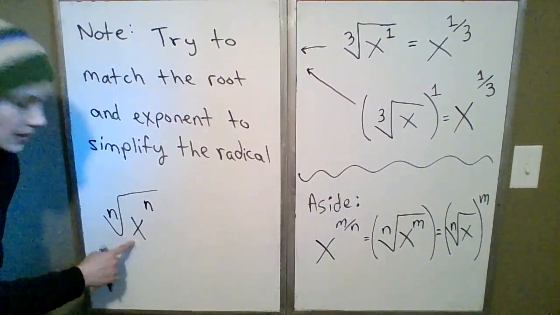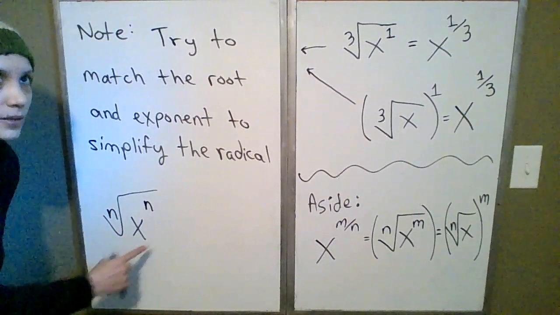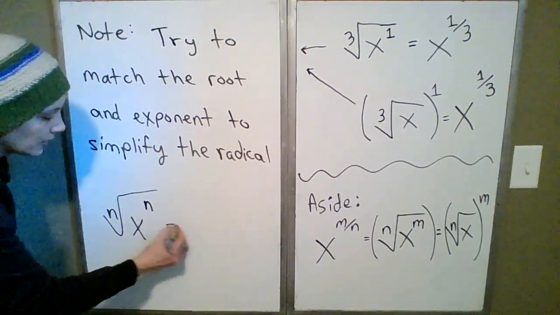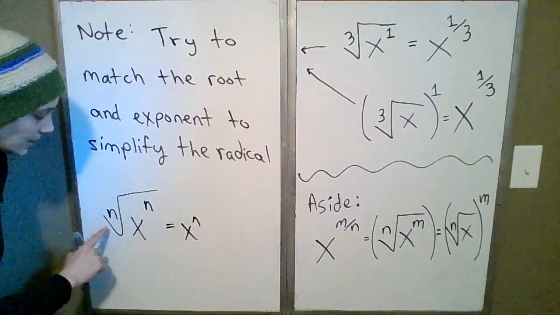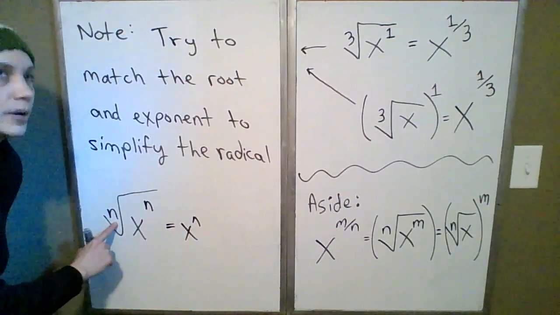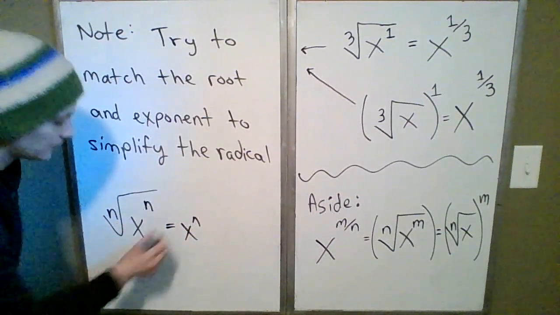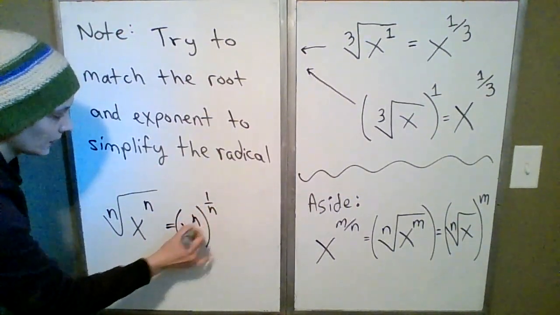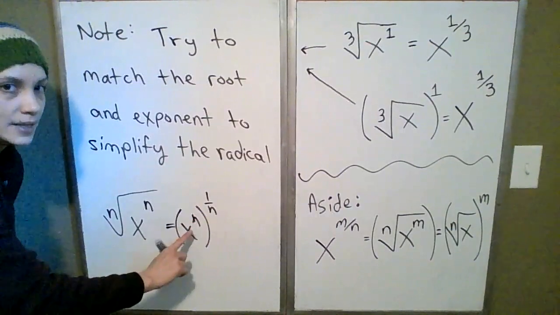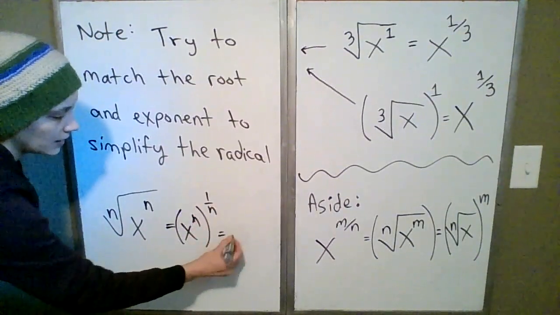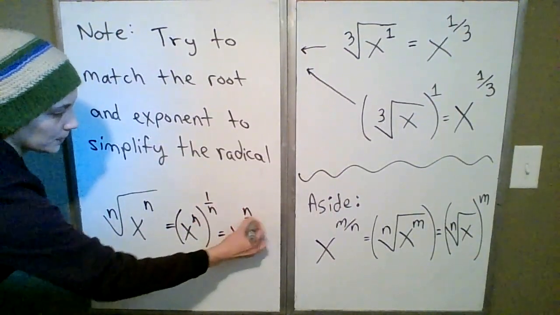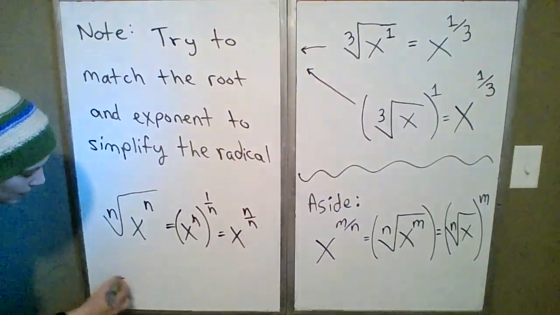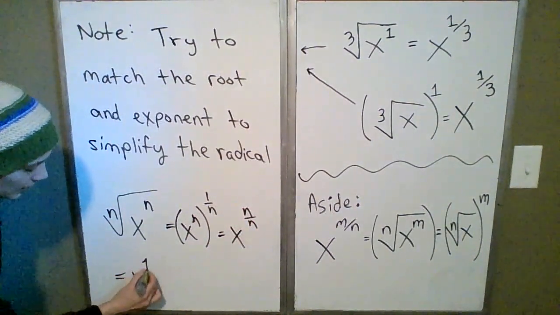Then your x to the n, the radicand, has this root n, or a power of 1 over n. You multiply these together, n times 1 over n is n over n, which gives you x to the first, which is x.